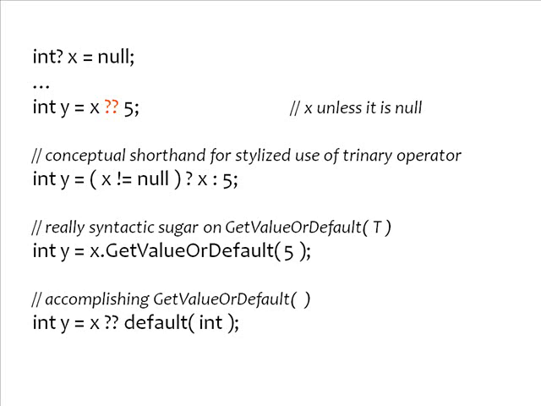And conceptually, that's a shorthand for the stylized use of our favorite ternary operator. So we're just saying if x is not null, then use x, otherwise use the value 5. And if we think about what's going on with double question mark, it's really syntactic sugar on top of a call to GetValueOrDefault.